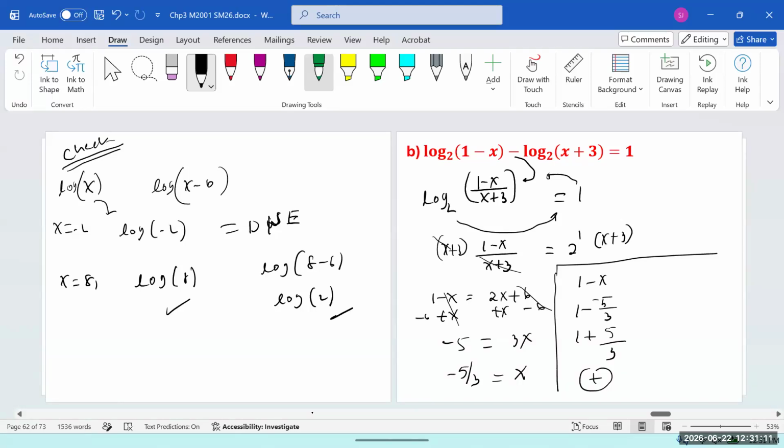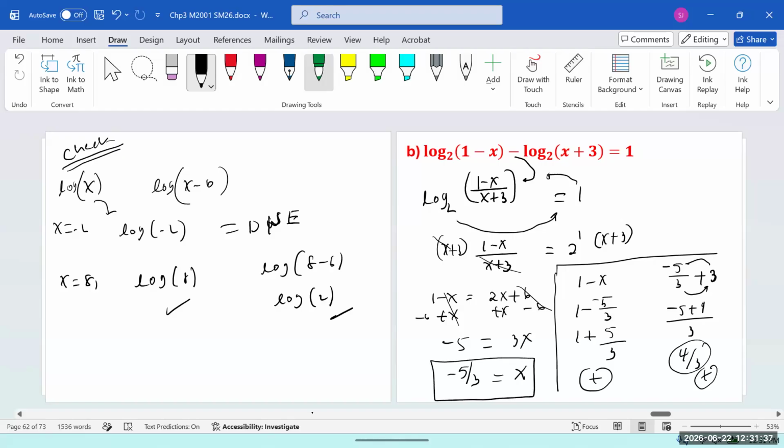Now the second one, we have negative 5 over 3 plus 3. So we have minus 5 plus 9 over 3. You multiply 3 times 3, 9. You add and you subtract the minus 5. So this is 4 over 3 positive. You see, you accept it.